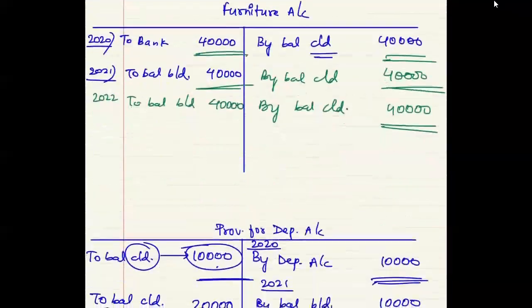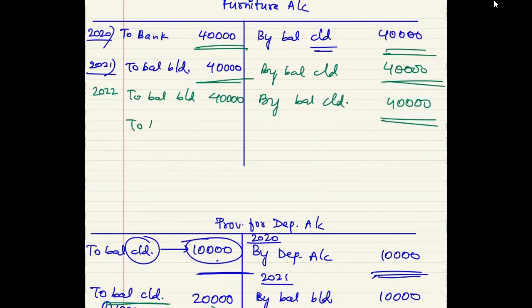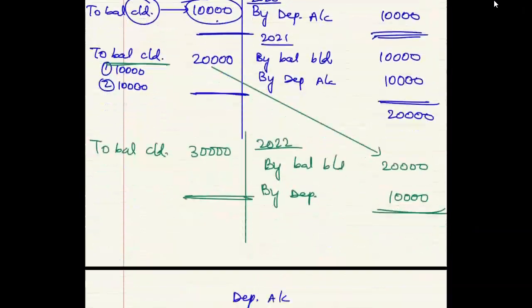So now if you look at your furniture, to balance brought down would again be 40,000, and the same will be carried down. So this will be closed over here.